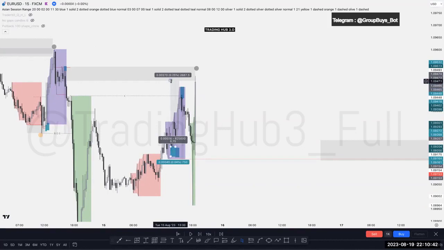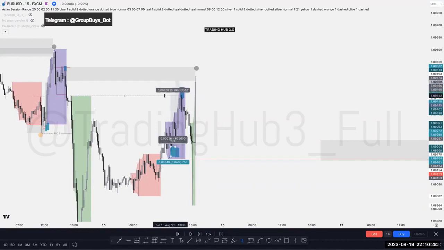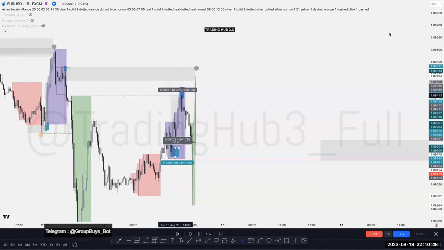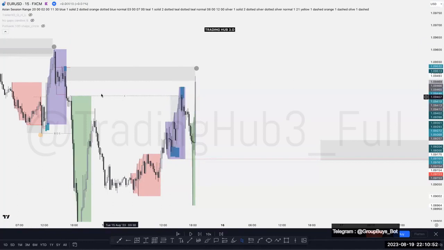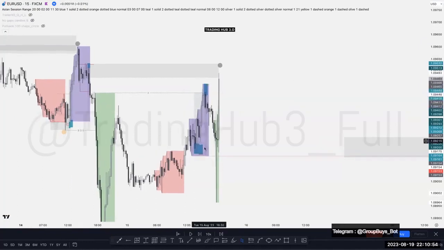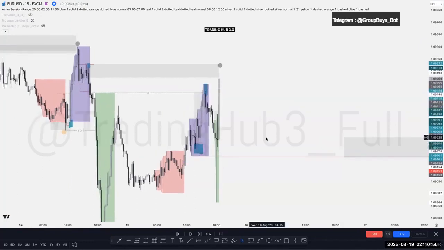Yes, sir, this one. Yes, previous entry. Yes, sir. This entry was the target here. Perfect. Correct. Yes, sir. This should be the target, as an inducement on the higher time frame for the bias, and sell, right?